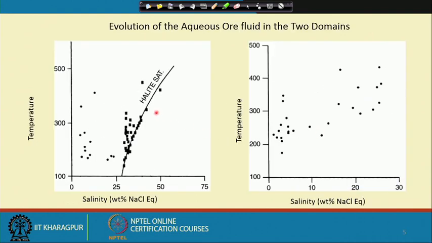At the same time, we find that in the lodes the aqueous component fluid is also pretty high in its salinity, going to 40-50% weight from the polyphase aqueous inclusions. So, here it is from the gold quartz lodes, and this is from the gold quartz sulphide lode.